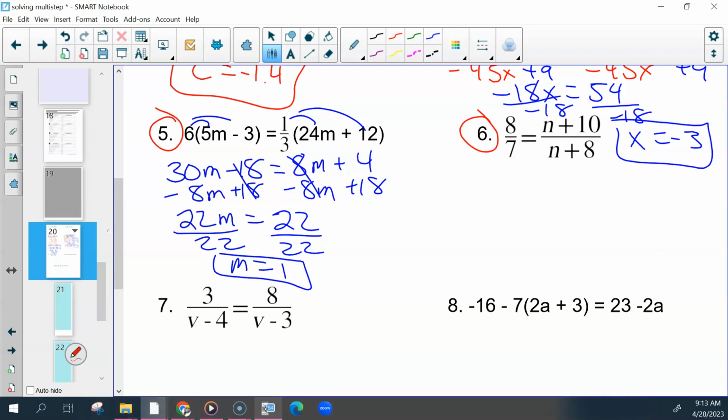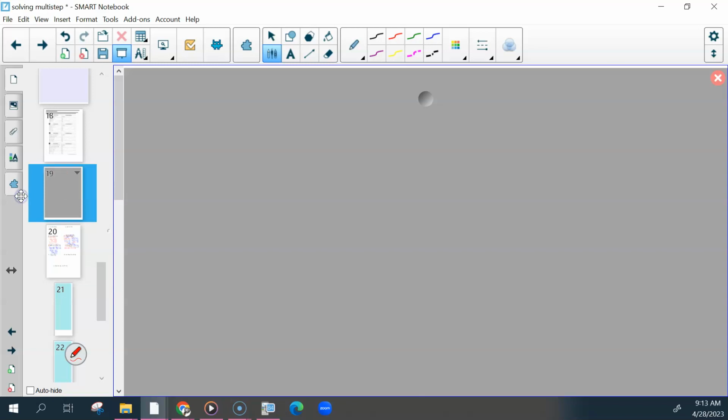Number 6, what's our first step? Multiply again. It's another set of fraction equals fractions. So this numerator to this denominator, this numerator to this denominator. It does not matter which side you put on whichever side. You want to put this on the right and that on the left, it doesn't matter.